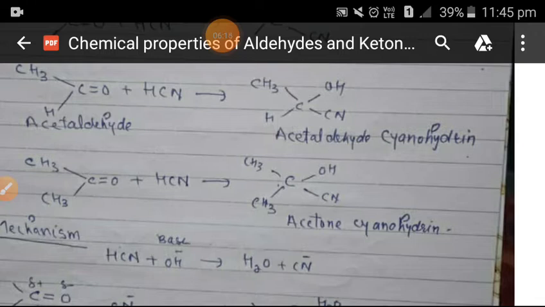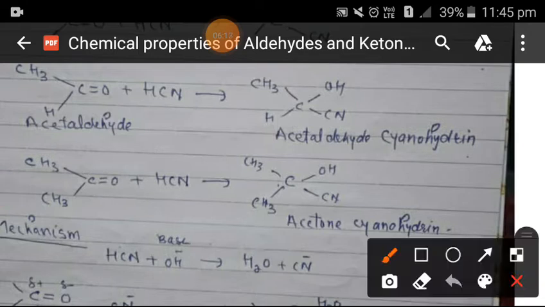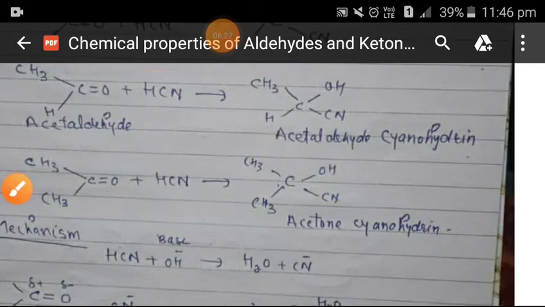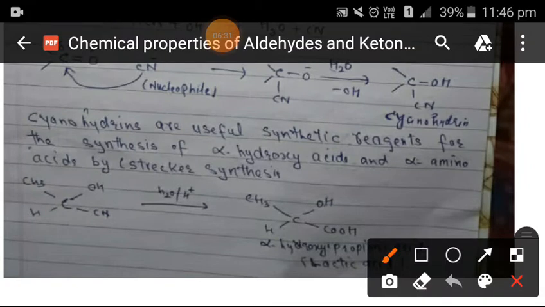It depends upon whether you are treating acetone, aldehydes, or ketones under the reaction conditions. Okay, clear? But we know that the cyanohydrins prepared during the reaction are very important and useful synthetic reagents.